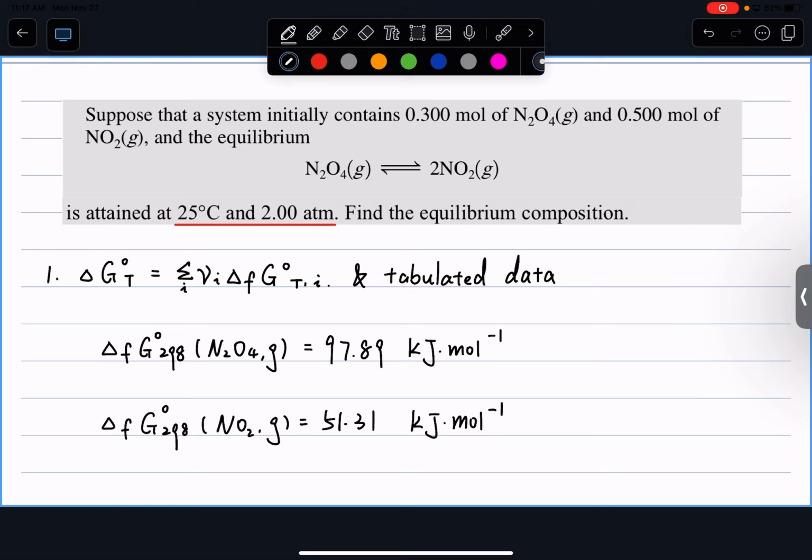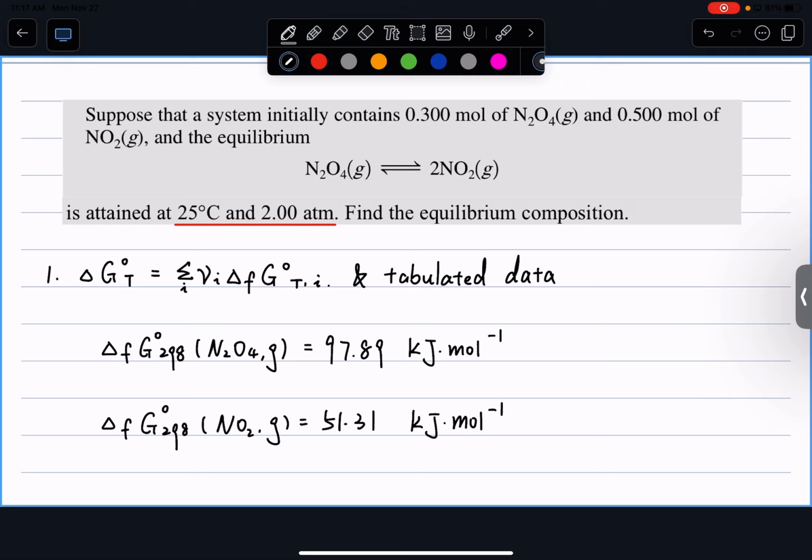The second step is using delta G naught equals negative RT ln K equilibrium. Here we have our delta G naught, which is that number, we have our gas constant, and we have our temperature.